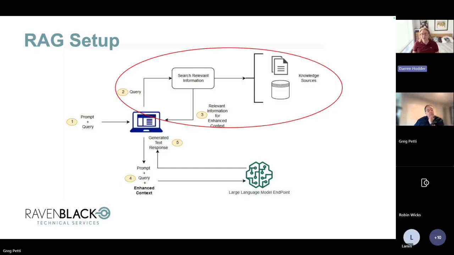And even as Greg was showing, in some cases, we want very specific outcomes from our large language model. So we create buttons that have very clear instructions. But outside of that, when you're chatting, how you phrase your question and how you ask follow-up questions, you're going to get very dynamic results.